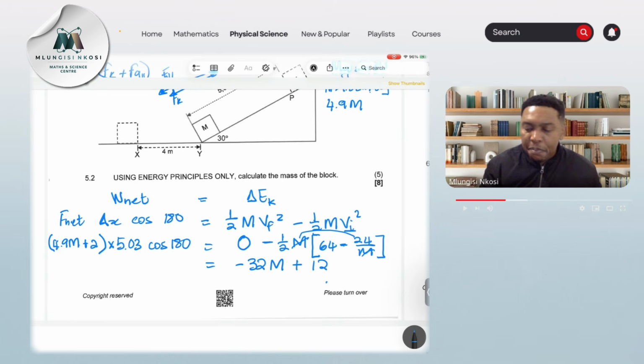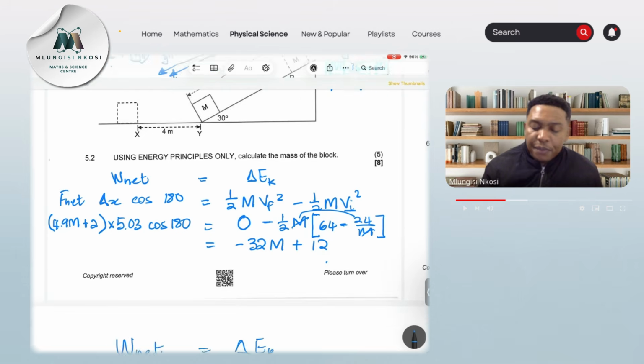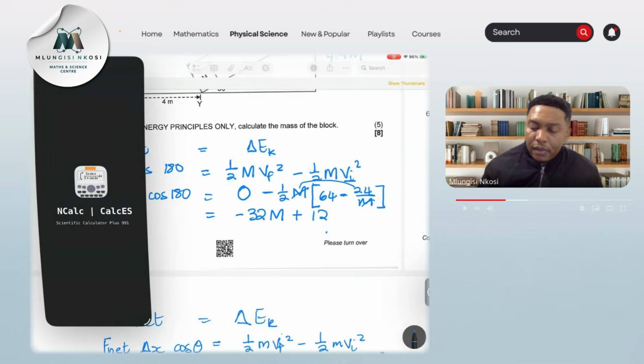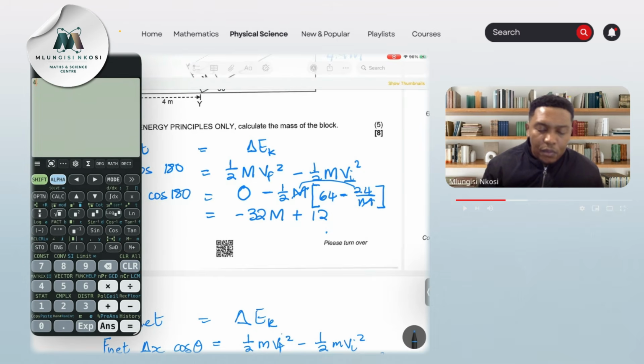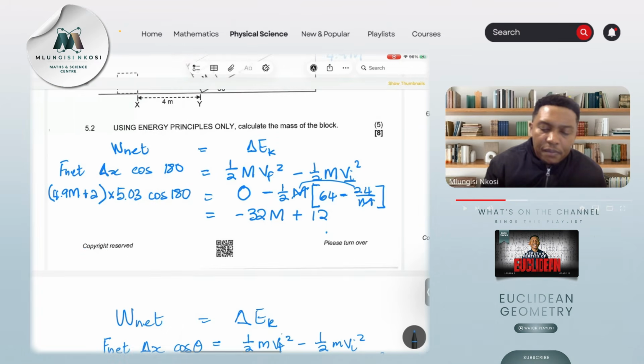Let's see, what would be the best way to go about this? It doesn't really matter. So 4.9 times 5.03 is 24.647 m, minus, so remember I'm using the distribution law, right?